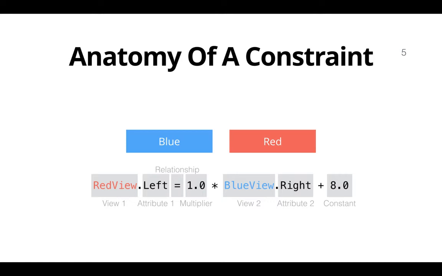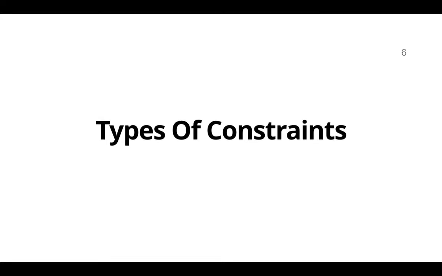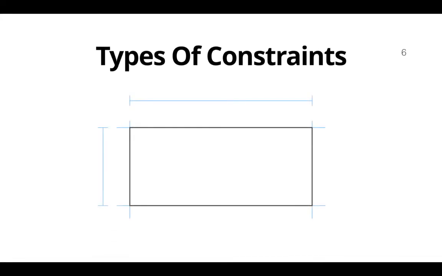Now let's talk a little bit about the types of constraints that there are. We basically have a couple of standard constraints, which would be the width, the height, the top, bottom, left, and right constraints. And we have taken a look at the right and the left edge constraints in the last example, right?